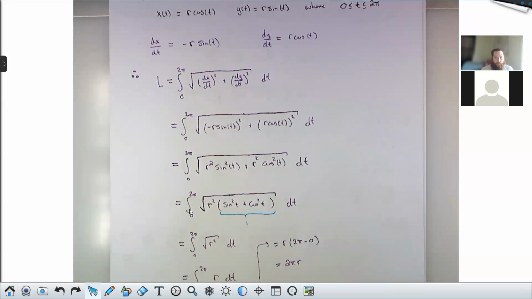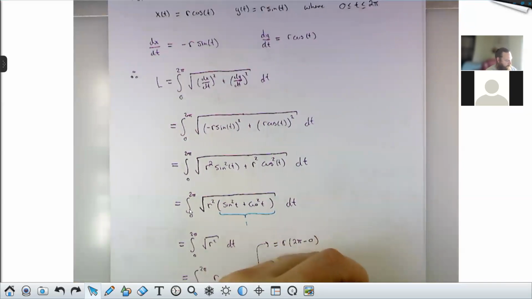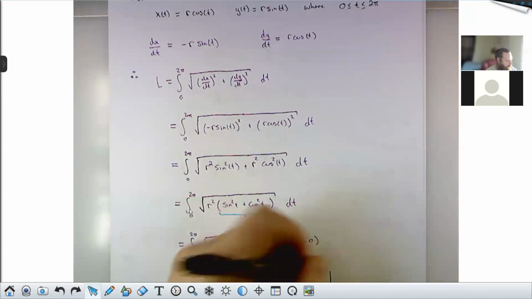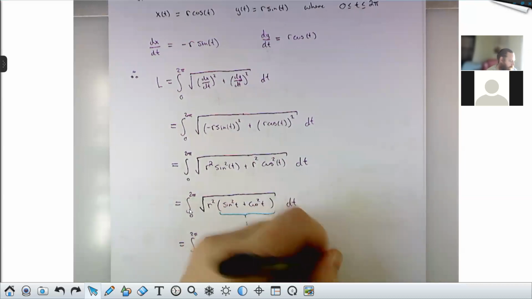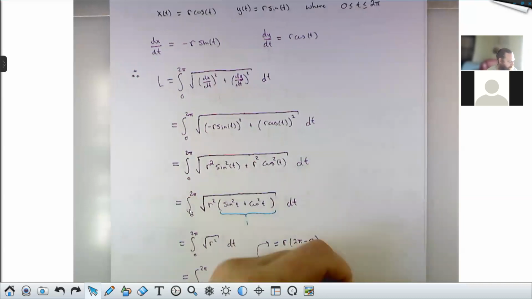Yeah, it's a circle, right? This is a circle of radius r centered at the origin. So the arc length of that circle would be its circumference.